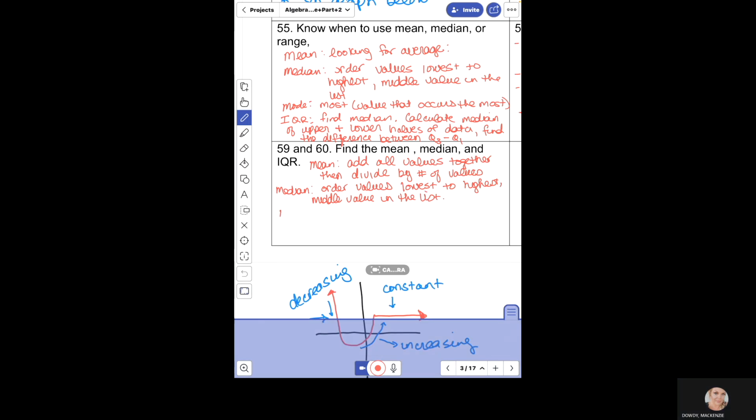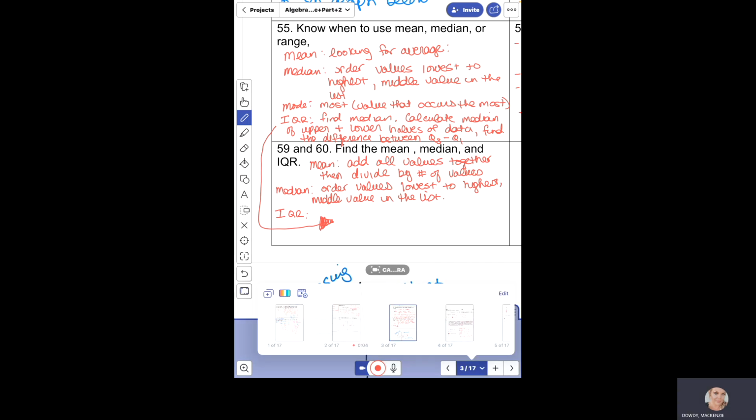IQR: we already wrote that. Find the median, it's right here. We already did that. Find the median, calculate the median of the upper and lower halves of data, find the difference between Q3 and Q1. All right, let's go see if we can get these last two in.